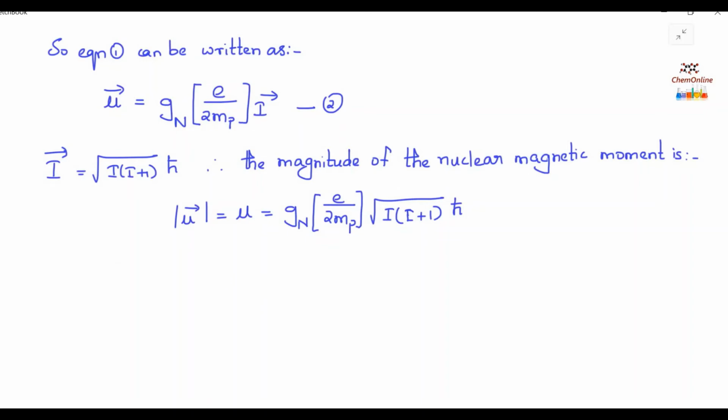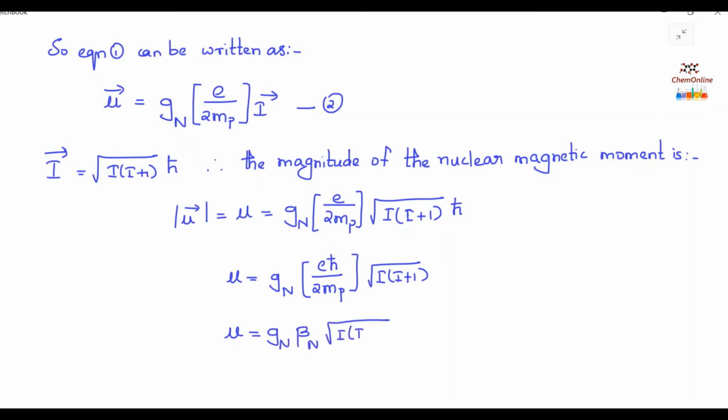Now this can also be written as mu equals Gn times e h cross by 2mp times root of I(I+1). On further simplifying, we get mu equals Gn beta n root of I(I+1).